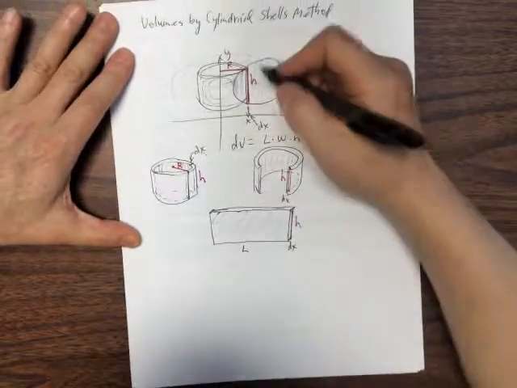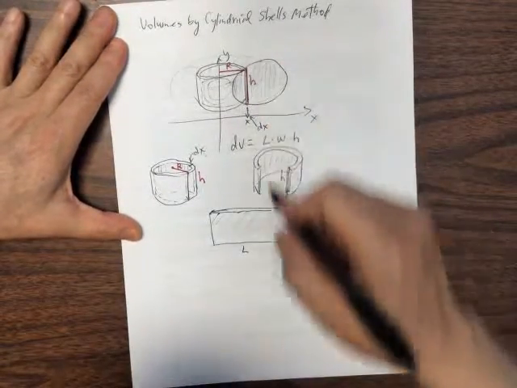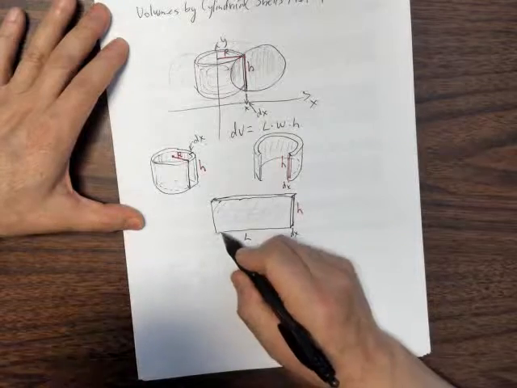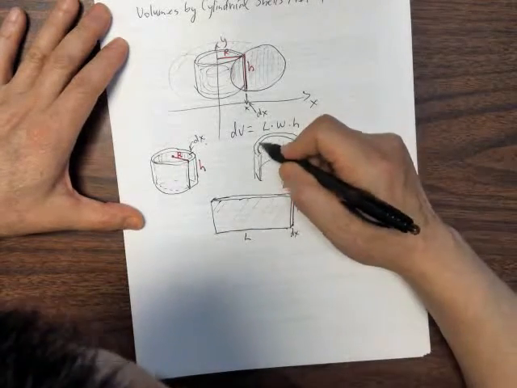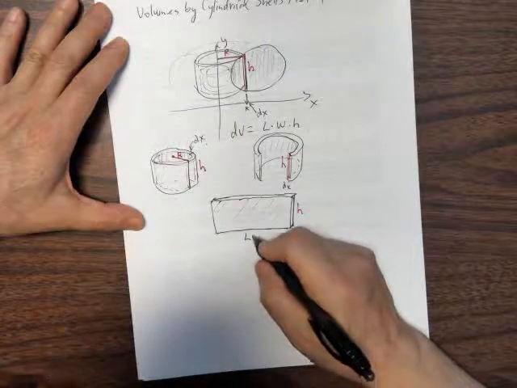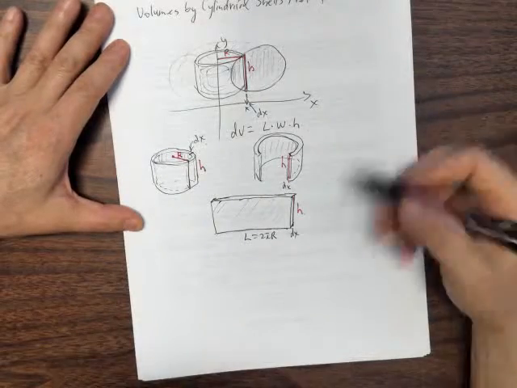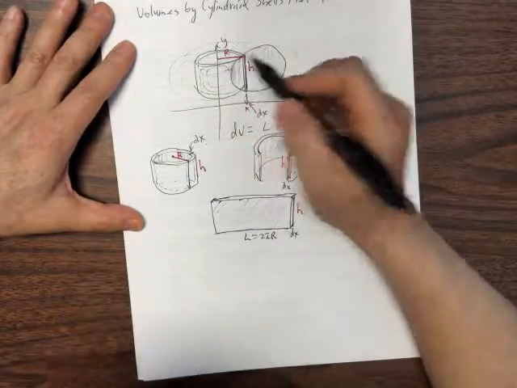Now the height can be determined from the graph up here. What about the length? If you trace back, the length here is the same as the length here, and that's also the same as the circumference. So that's 2 pi r. We know how to do that, as long as we know how to figure out the radius.